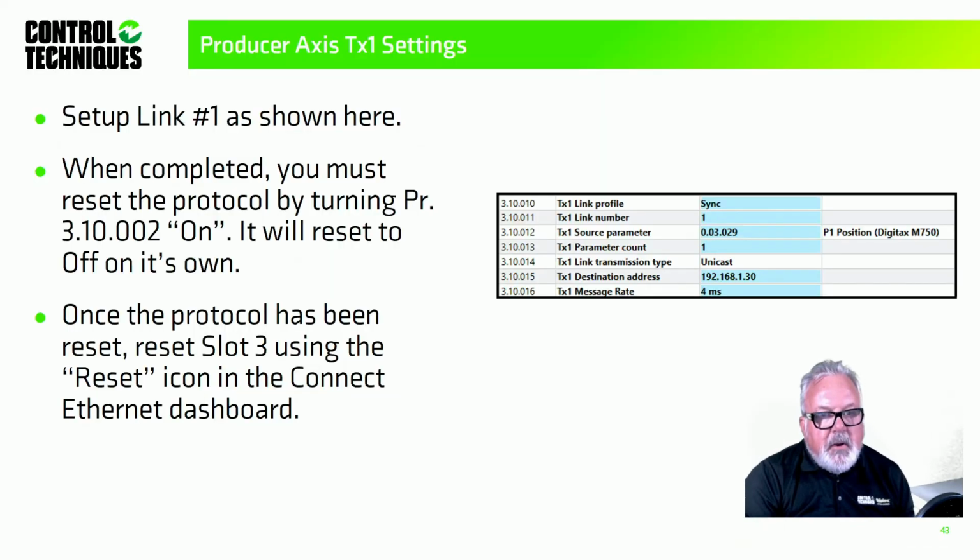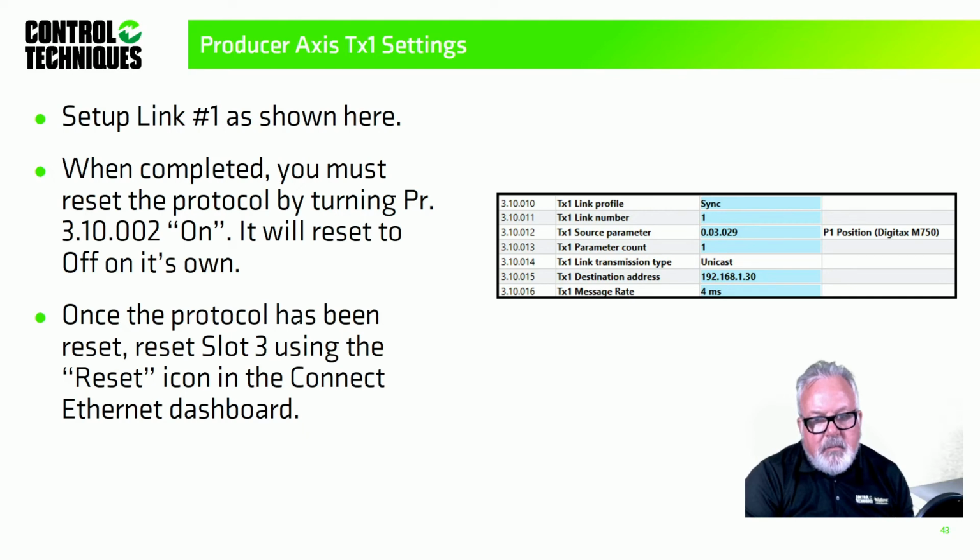And I will go back to my show. That's transmit link 1. Here's the source parameter, which is menu 3, parameter 29. Notice you can send data or parameters from modules also in other slots. But I'm going to just stick to slot 0, which is the base drive, menu 3, parameter 29. That's the only parameter on this link.